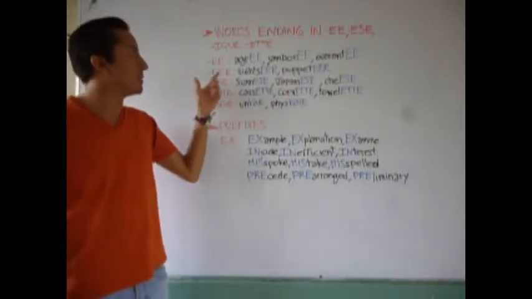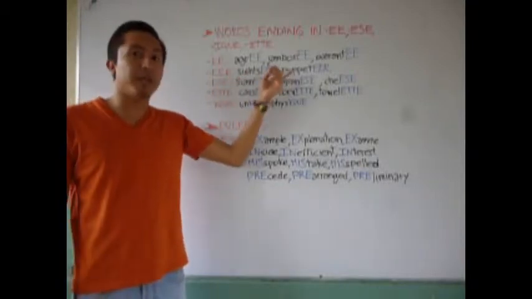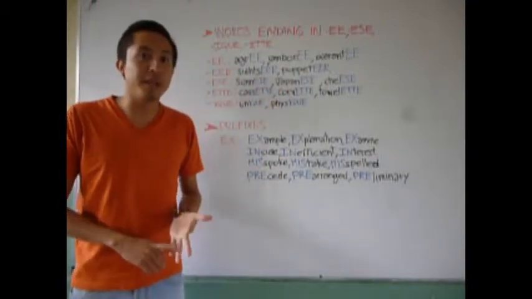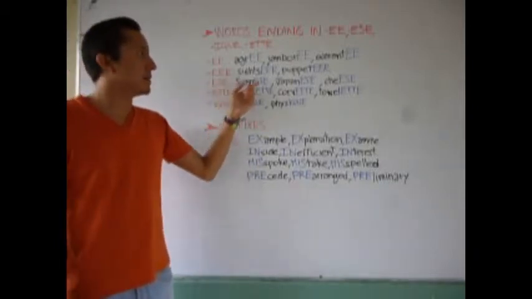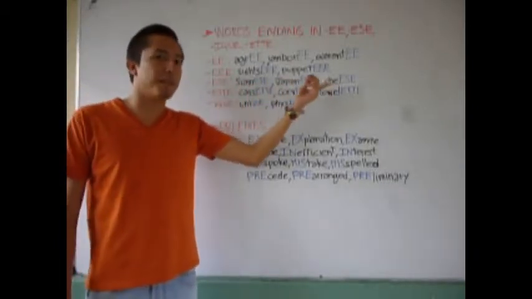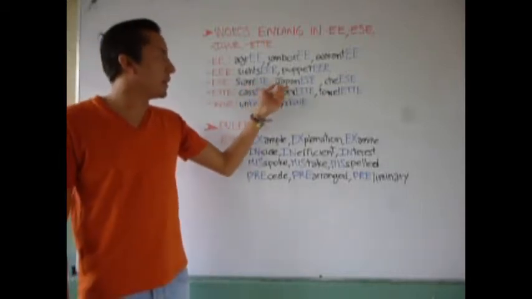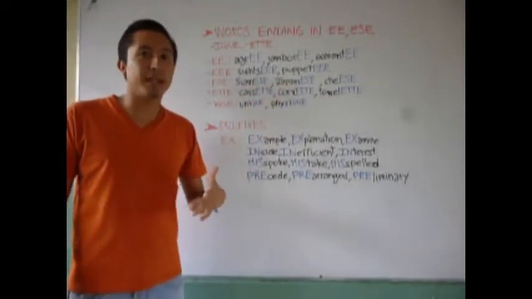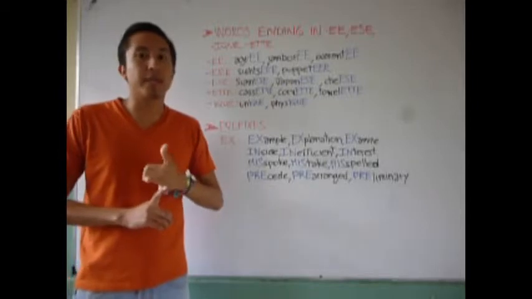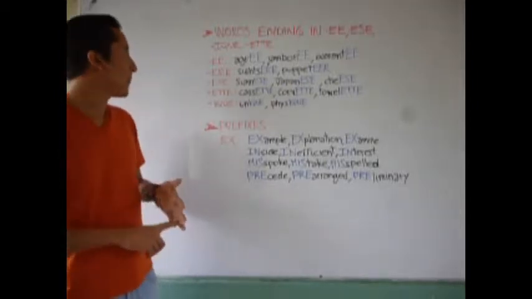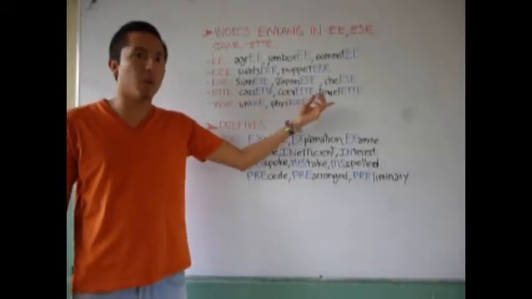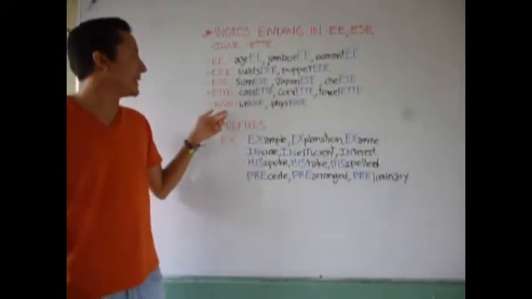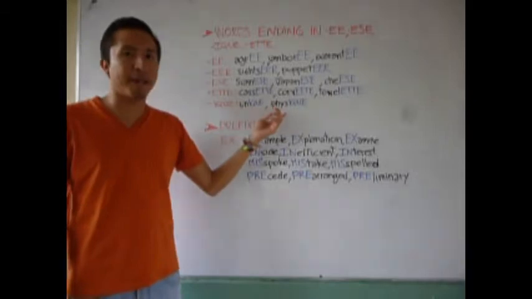Ending in EER, sightseer, puppeteer. We have also engineer. Ending in ESE, we have Siamese, Japanese, cheese. Taking this example as a nationality, we have also Portuguese, Chinese, and so on. Ending in ETTE, cassette, corvette, tablette. Ending in IQUE, unique, physique.